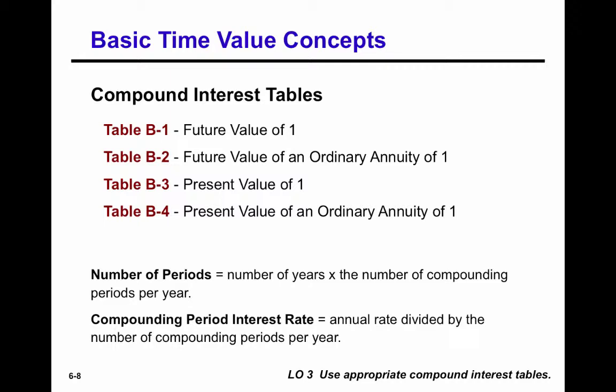In other words, if the interest rate is 16% and it's compounded quarterly, then that's 4% each of the 4 quarters of the year.